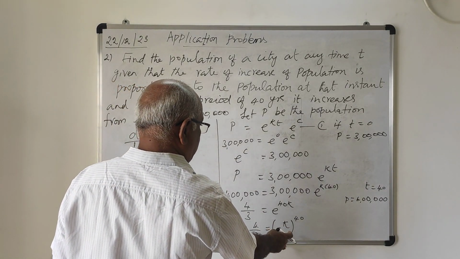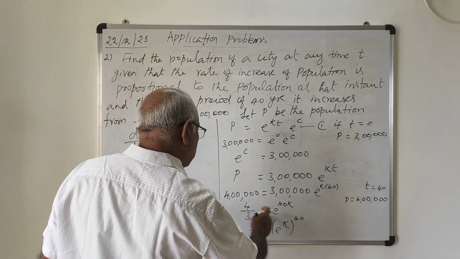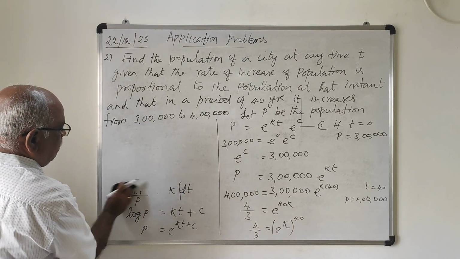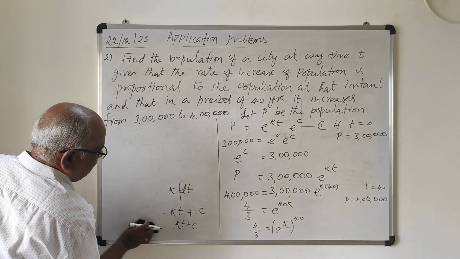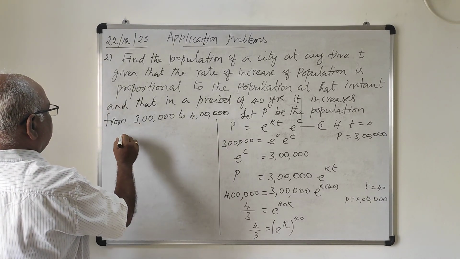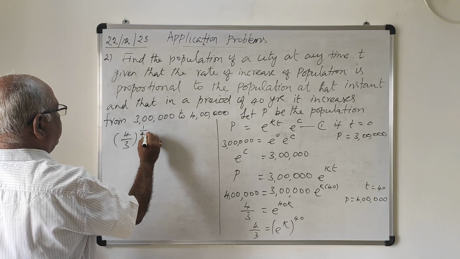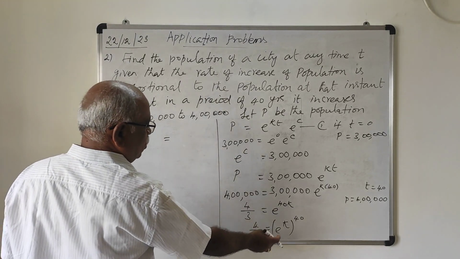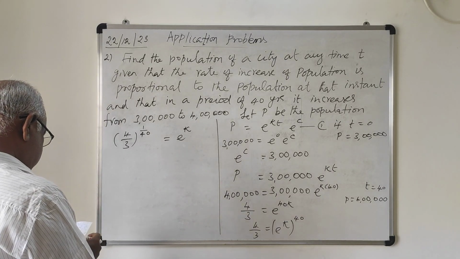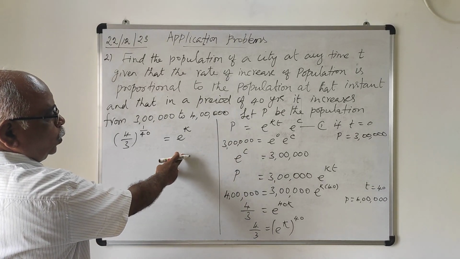Taking the 40th root on both sides, you will get 4 by 3 the whole power 1 by 40 equals e power k. That's all. You now know the e power k value.